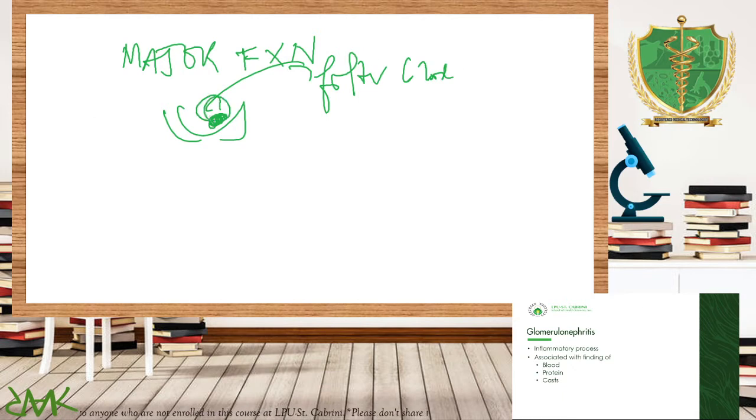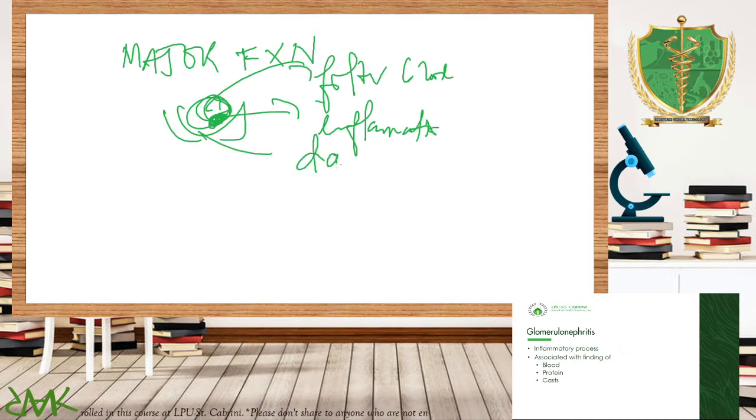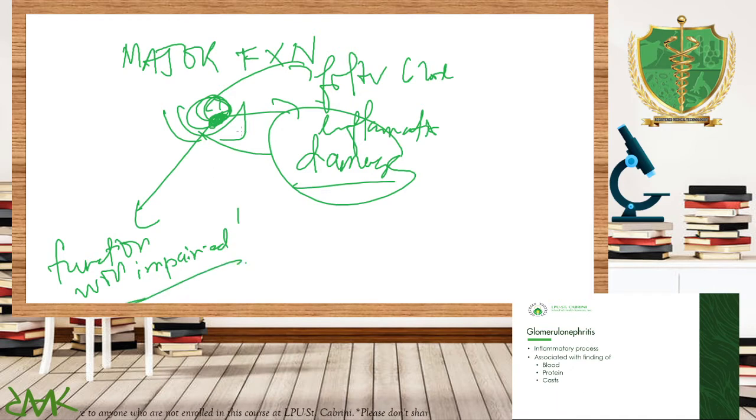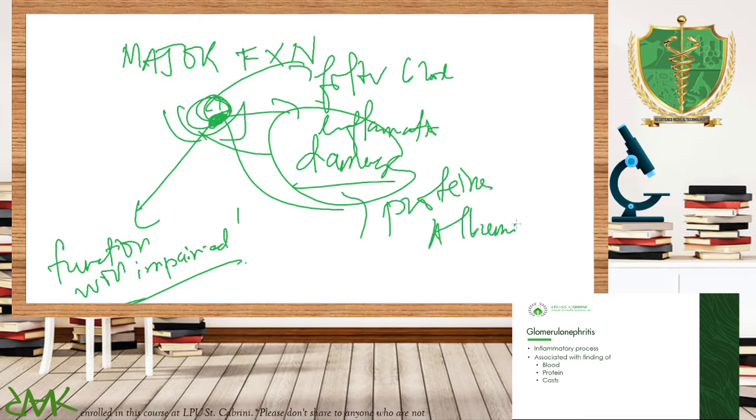Now, if there is an inflammation, the reason why is because there is a damage. Since there is damage in our glomerulus, its function will be impaired. Having said that the function is impaired, then proteins, particularly albumin, will be able to pass through our glomerulus.